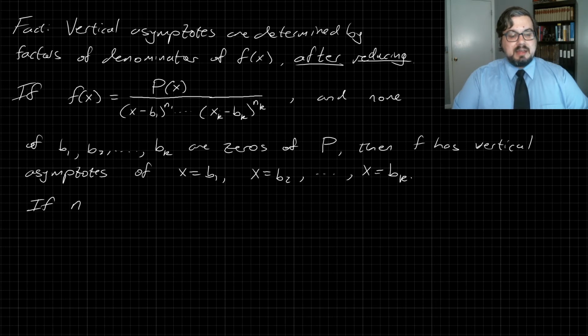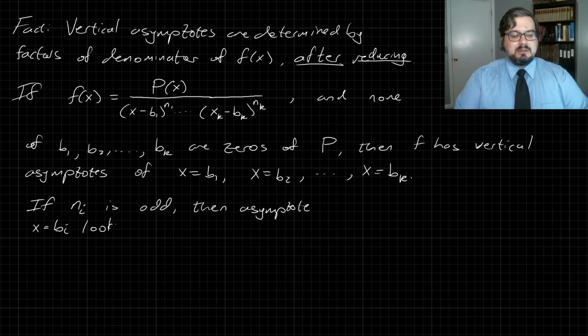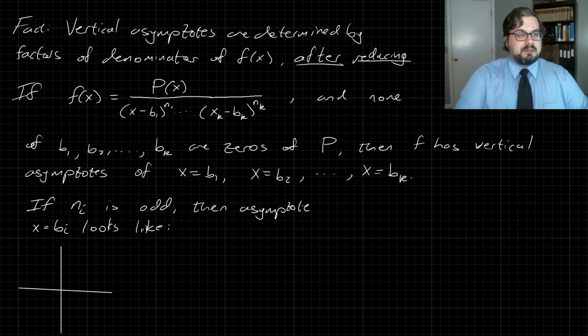If one of these ni's is odd, then the asymptote x equals bi looks like one of the following. We either have, just let me do that right.